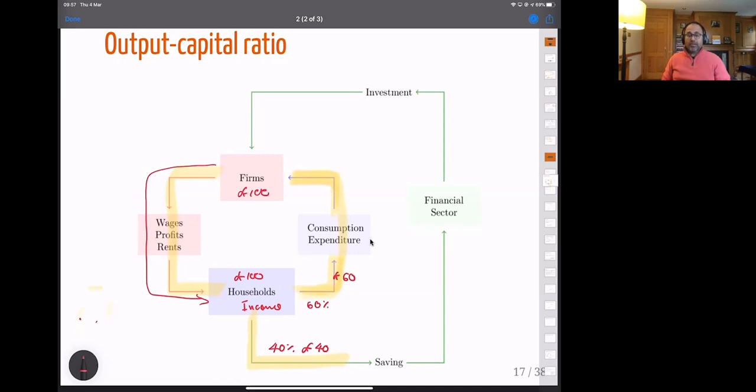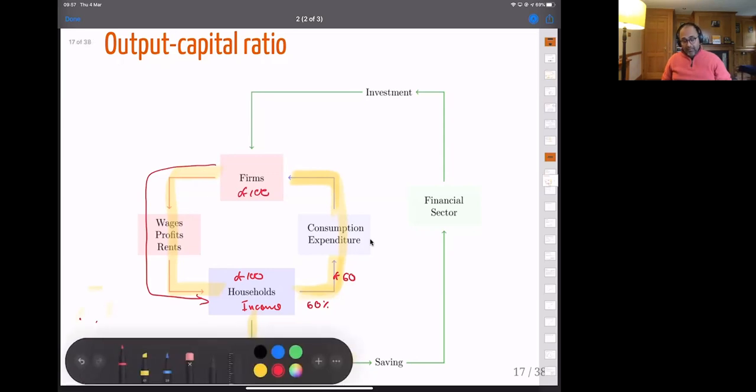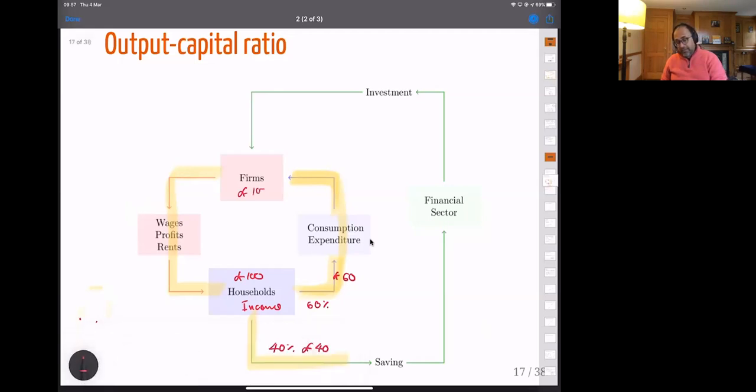Okay. So the question is, what happens to the saving? You put your money into the bank account, and what happens to the 40 pounds? The bank lends the 40 pounds, finds opportunities to lend.